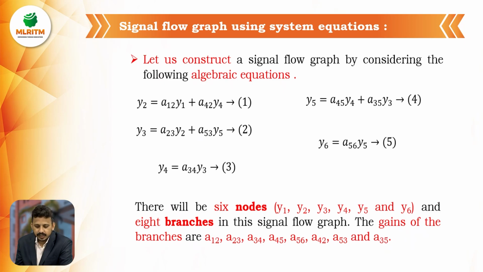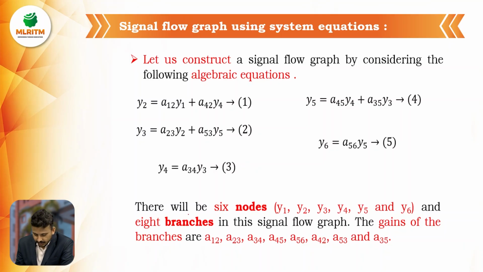So next, signal flow graph using system equation. Let us construct a signal flow graph by considering the following algebraic equations. Here y2 is equal to a12 y1 plus a42 y4, this is equation 1, and y3 is equal to a23 y2 plus a53 y5, this is equation 2, and y4 is equal to a34 y3, this is equation 3, and so on.